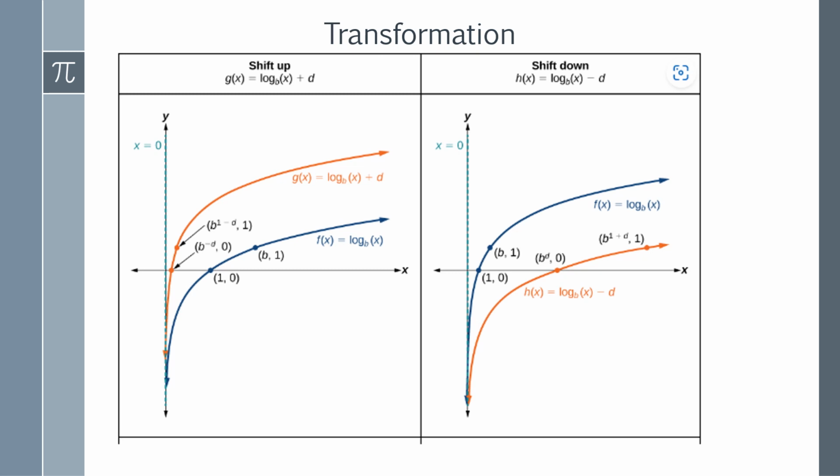Transformations. You did these before. Transformations are pretty easy, except for when you're dealing with left and right. So, when the graph goes up, the blue being the original, and the red is the transformation, it goes up when D is positive.